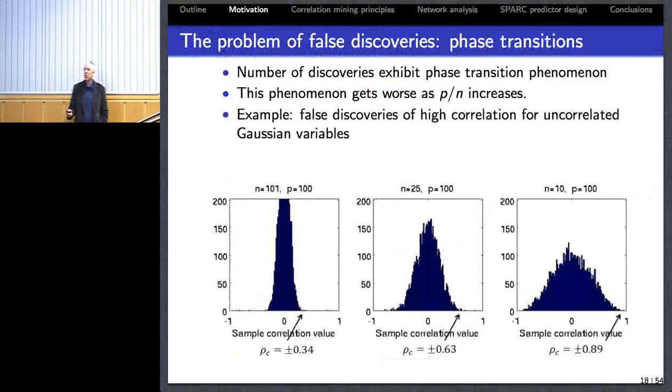So the phase transition threshold is the threshold of correlation coefficient that is the necessary and sufficient threshold for you to be able to reliably say that you're on the right side of this bump. But what do you mean exactly by reliably? Does reliably mean corresponding to a p-value?